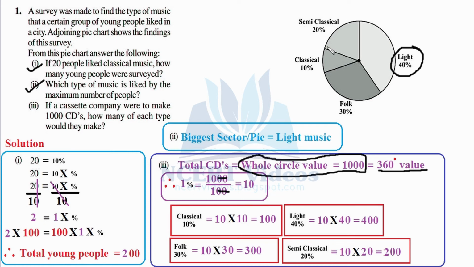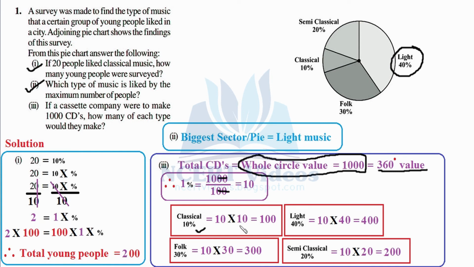After knowing 1%, we can easily find the different values of different percentages given in terms of sectors. So let's go with classical, that was 10%. Simply multiply 1% with 10, that will give you 10 into 10 equals 100 CDs for classical. Again, folk, that is 30%, people like folk, therefore 10 into 30.